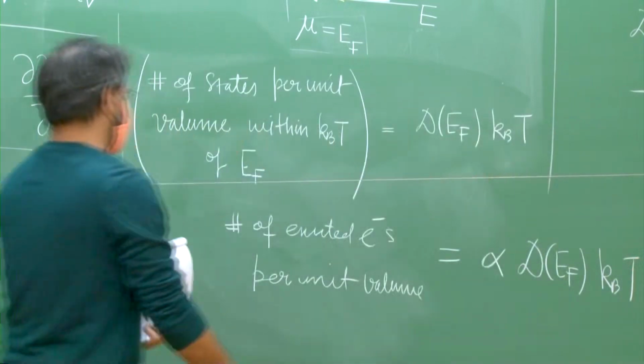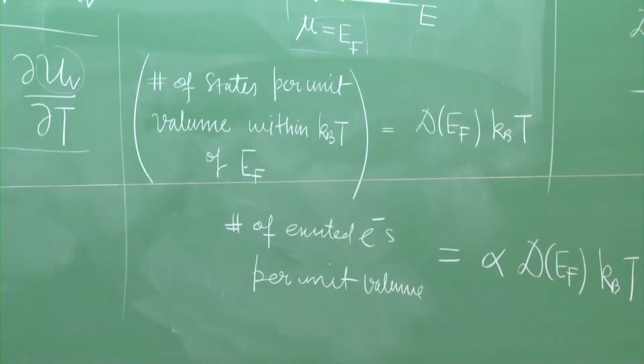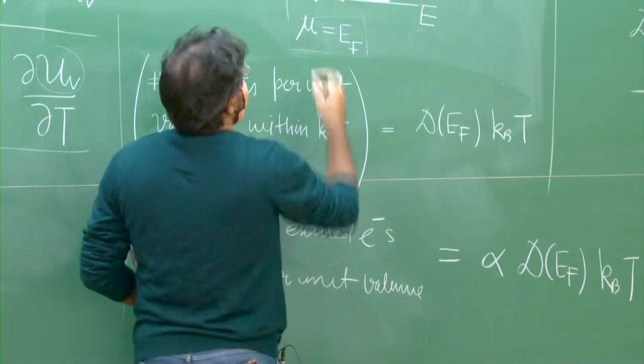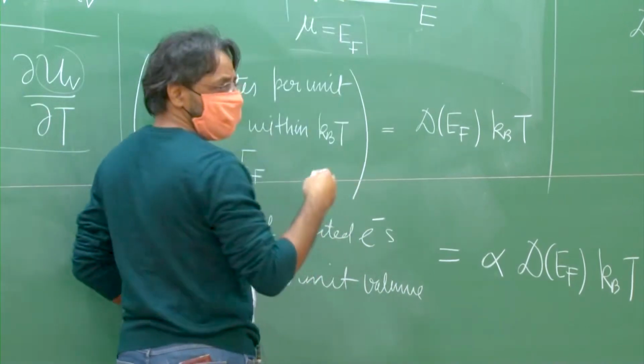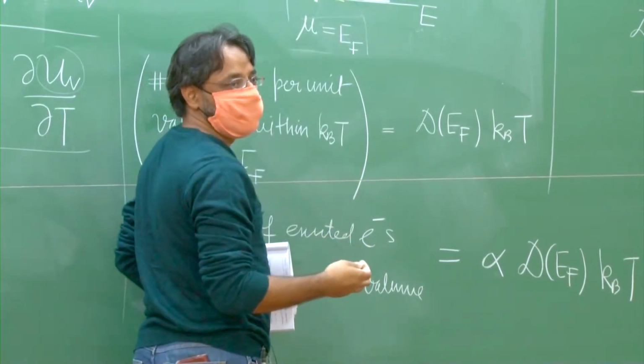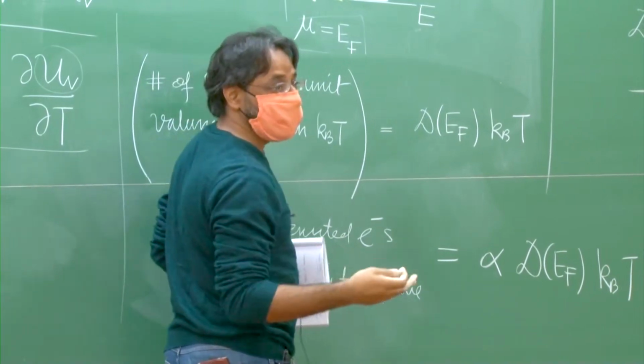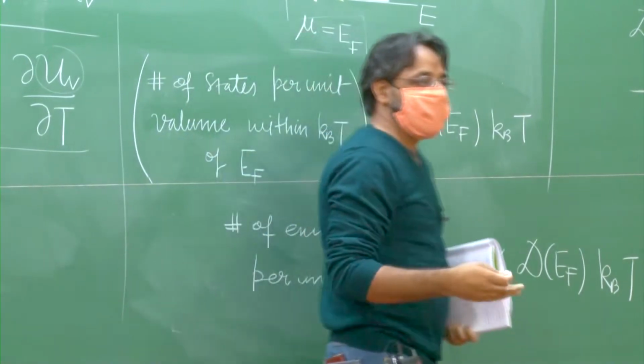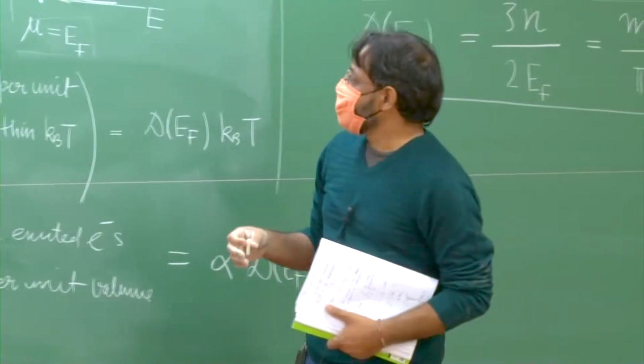So, you got the number of electrons. Now, you can assume very roughly that the average energy of each of these electrons is kBT, because you are at temperature T.